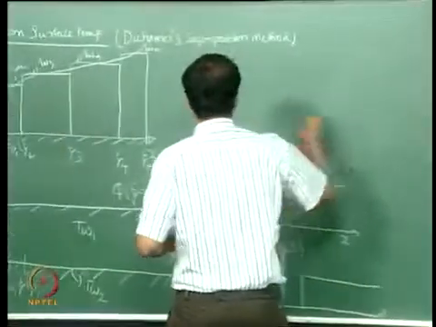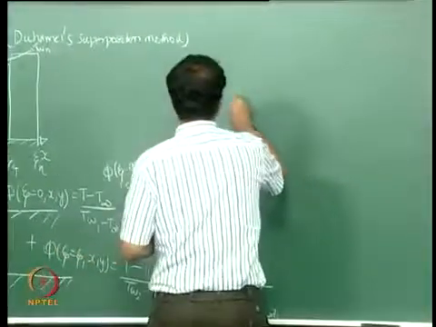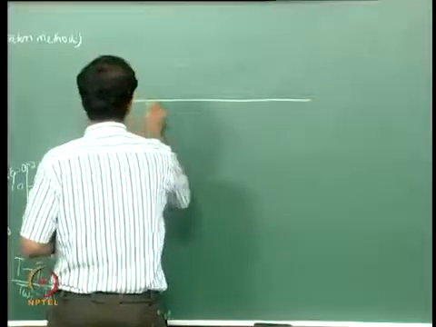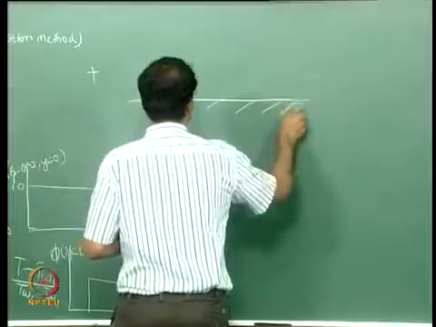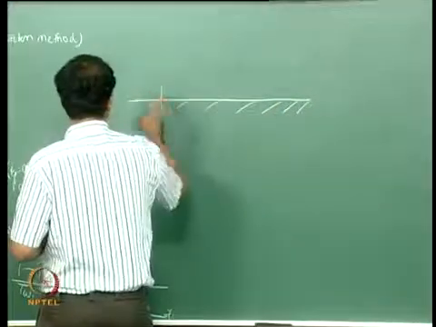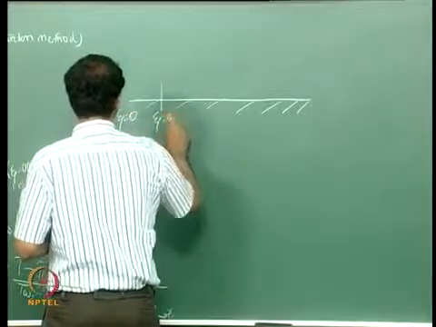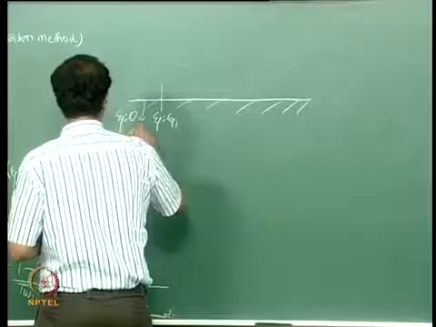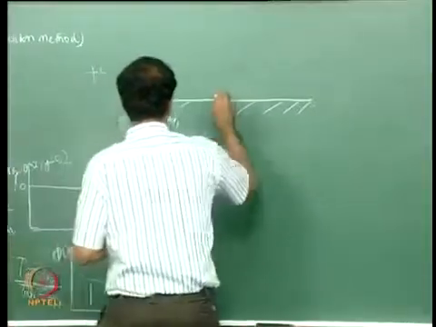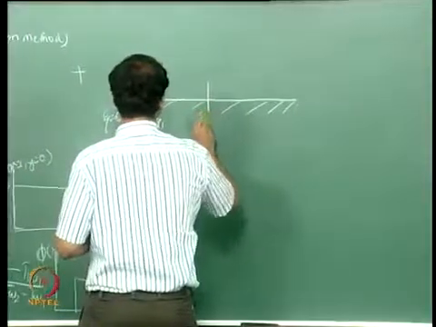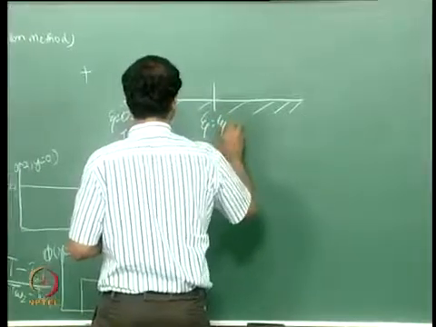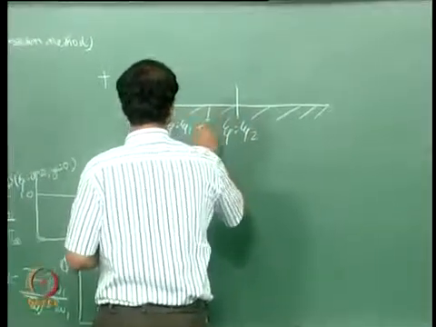So this plus this plus, okay, from zeta equal to 0 to zeta equal to zeta 1 you have T wall 1, okay. Now from zeta 1 up to zeta 2 you have T wall 2.